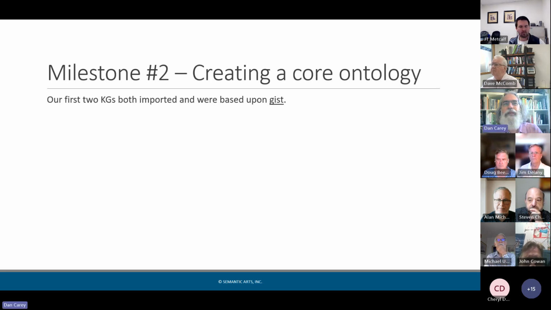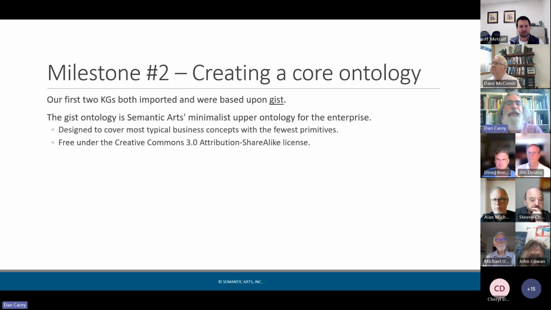The second milestone that we hit was, once we had the first 2 knowledge graphs underway, they were both based on GIST. But there was a concern that the perception of basing their work on something outside their control was going to create a little bit of resistance.